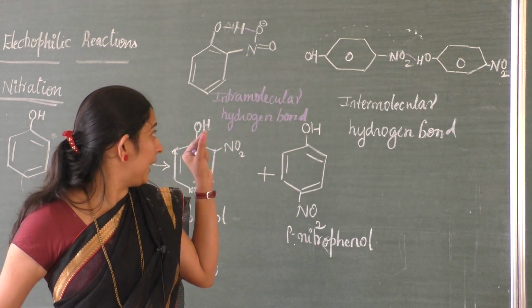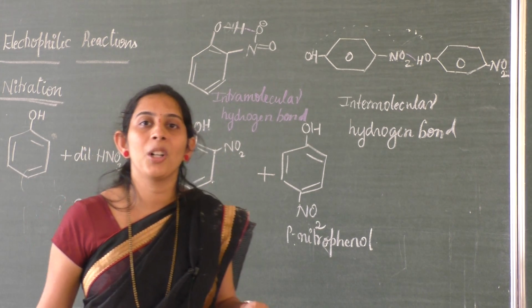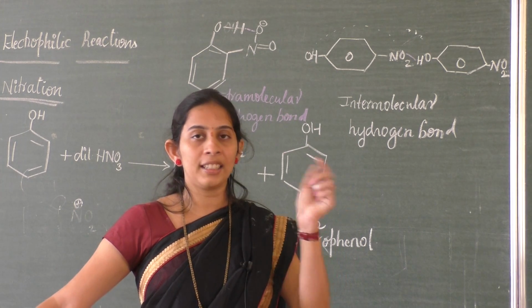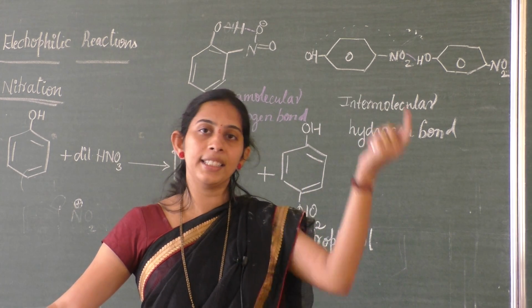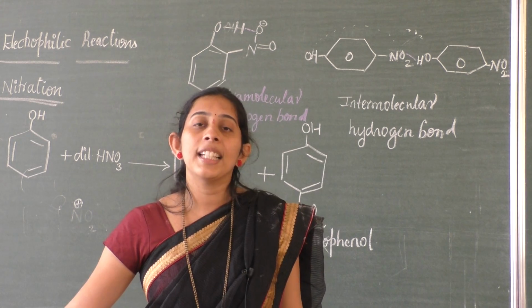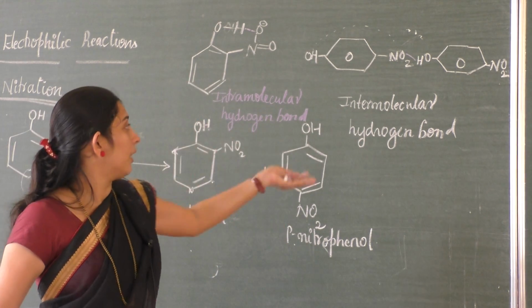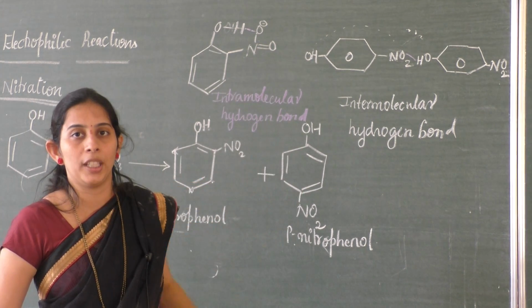Whenever intramolecular hydrogen bonding is present, it immediately becomes volatile. The bond is close by, so the volatile nature is higher. Whereas with intramolecular it is more volatile, and intermolecular hydrogen bonding is less volatile.